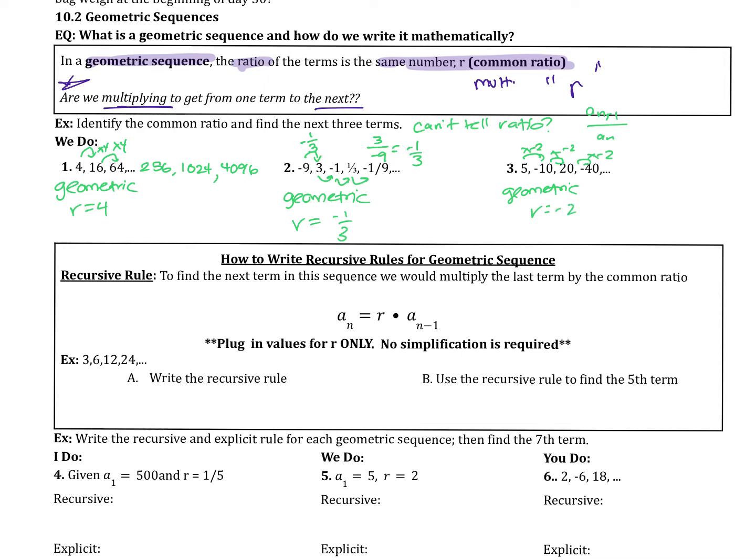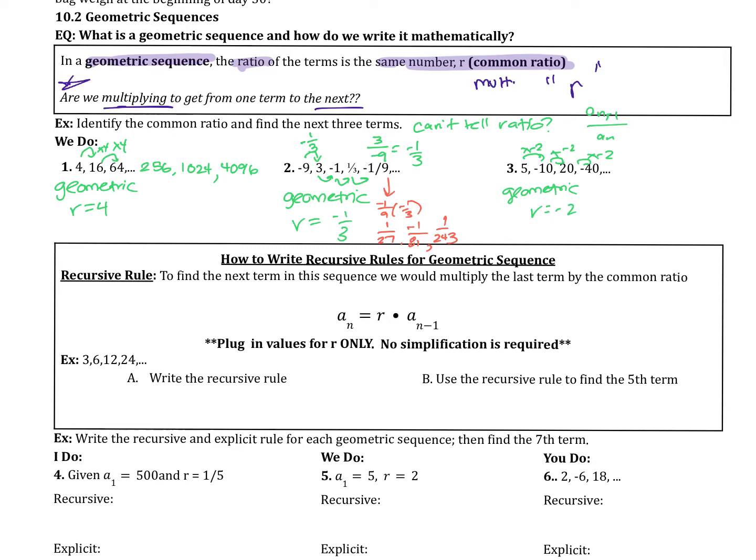And I forgot to find the next 3 terms, so I'm going to do that in a different color. Down here, if I multiply -1/9 by -1/3, the next term would be +1/27. If I multiply that by -1/3, the next term would be -1/81. And if I multiply that by -1/3, I would get +1/243.